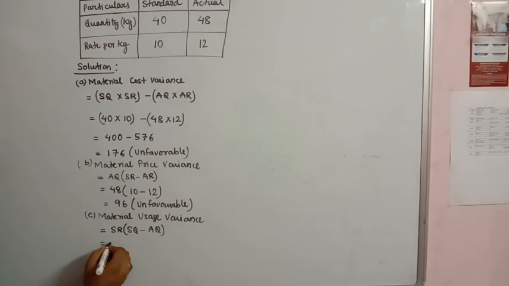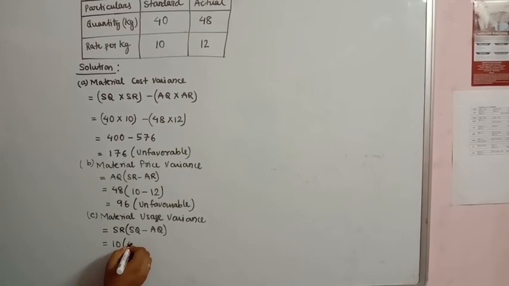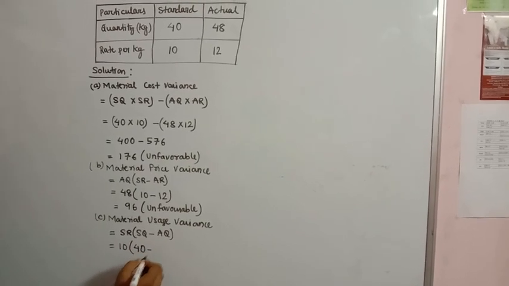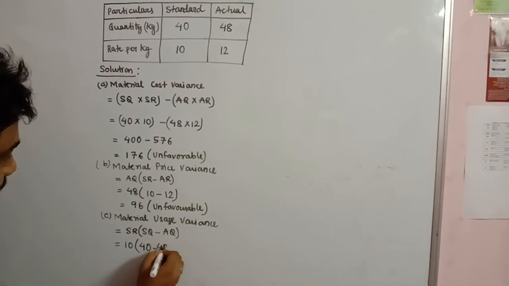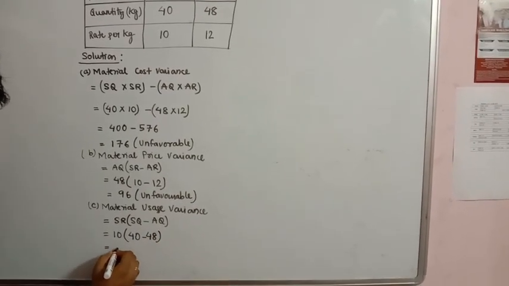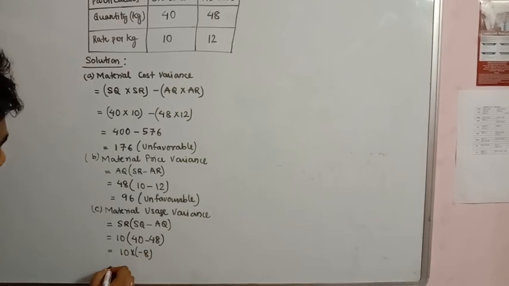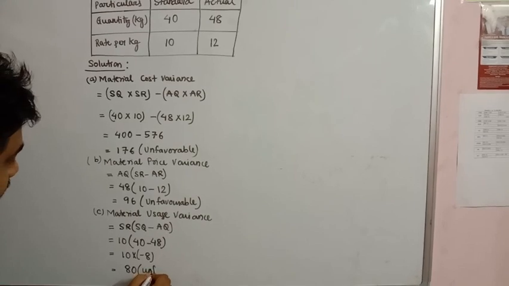Standard rate is 10, into standard quantity 40 minus actual quantity 48. So it is 10 into minus 8. Again it is negative, so we write 80 unfavorable.